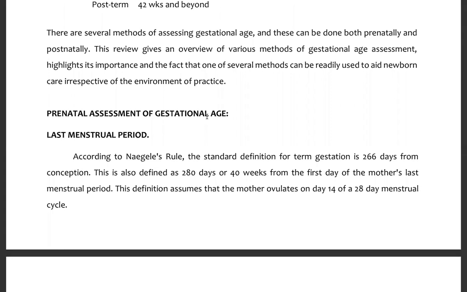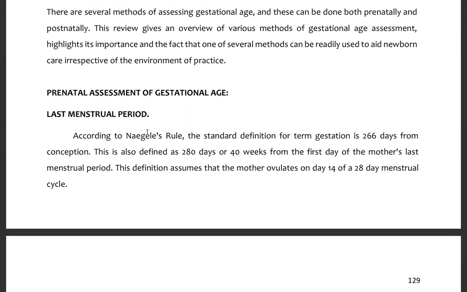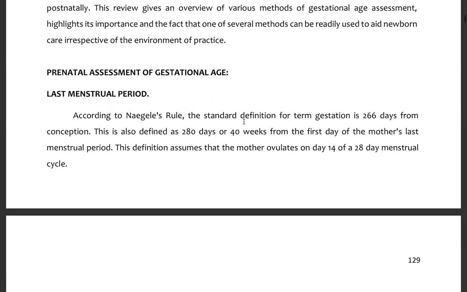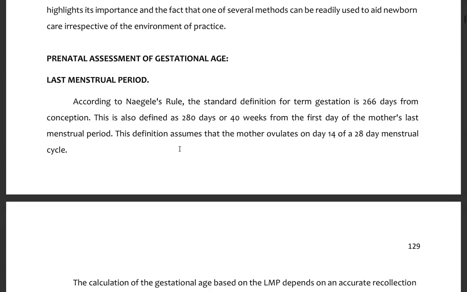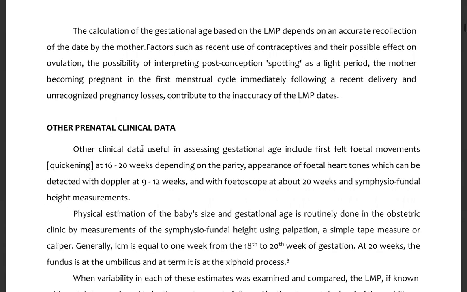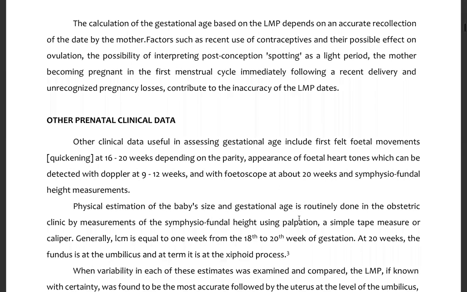Prenatal assessment is, first, based on the last menstrual period, that is Nagel's rule, 280 days or 40 weeks. Then other clinical data like the day of quickening, the date of fetal heart tones detected by ultrasound Doppler, and symphysiofundal height measurement.